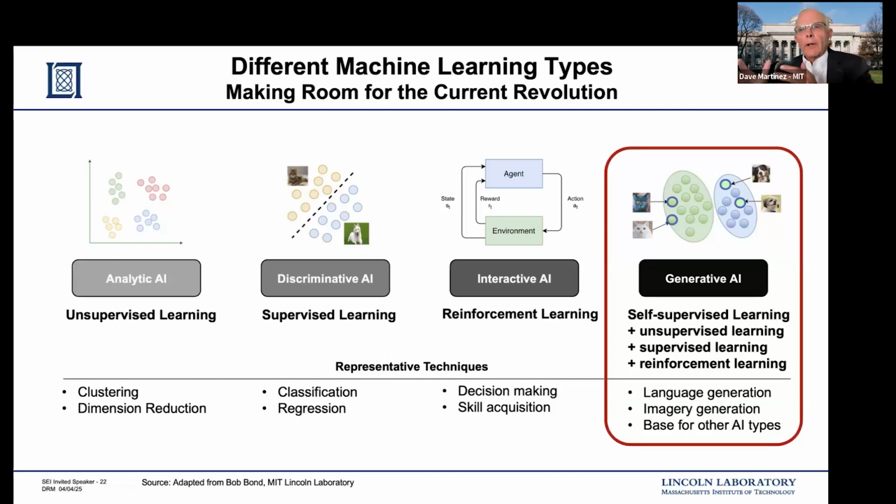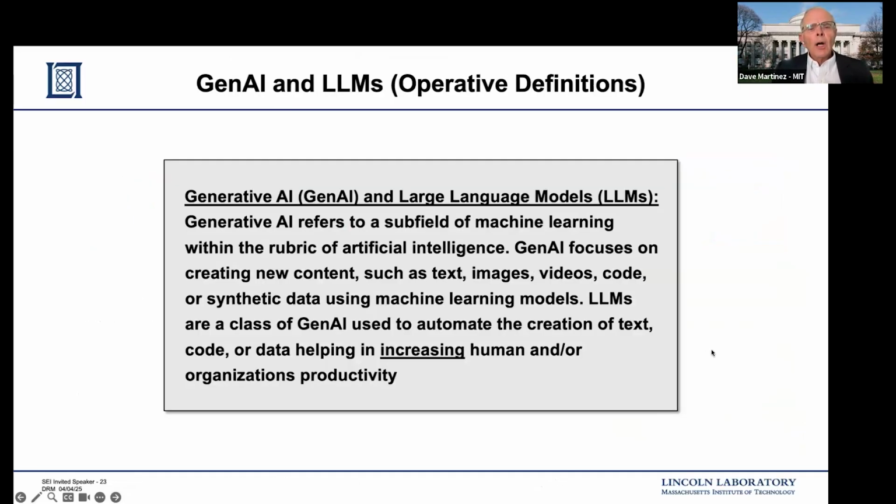And then following that with k-means clustering to zero in even more. So those are examples where there's tremendous value. And think of all of these on the left-hand side of generative AI. Think of all of these as traditional AI. And that's a real nice chart that Bob Bond, also from Lincoln, has put together. A great thinker in this area. So a quick definition, it's kind of wordy here, but one of the definitions that I like to use is this one here.